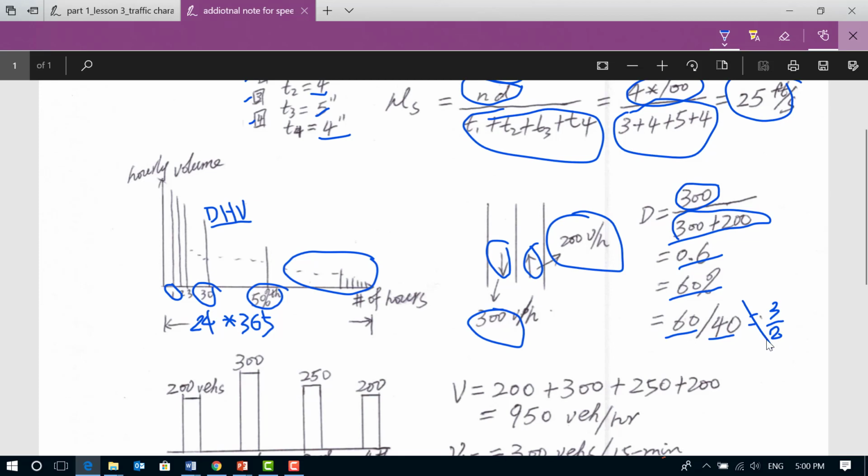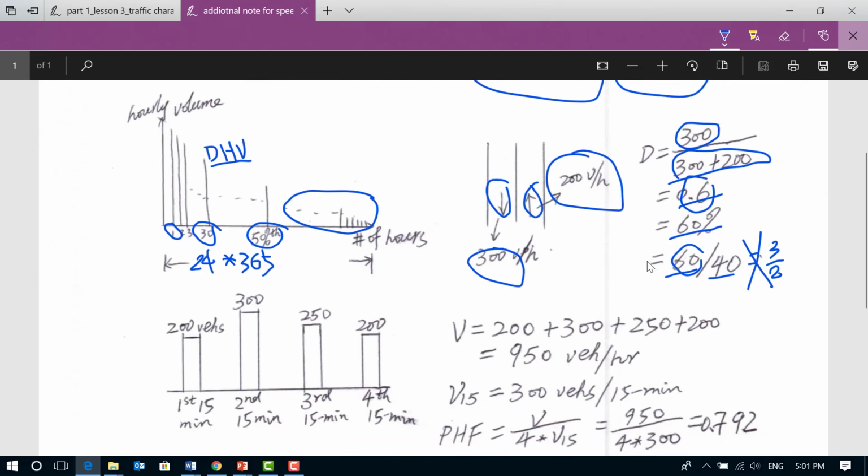No, that's wrong, so never use those numbers. It simply represents that the directional split is 40 and 60. In your calculation, you just use 60 divided by the total, 60 plus 40, which is 0.6. So don't get confused in your future license exam.